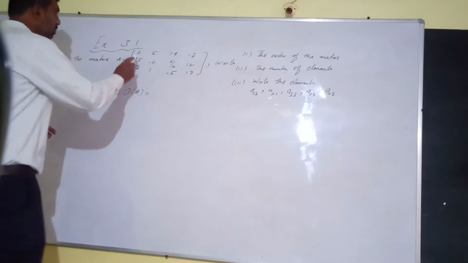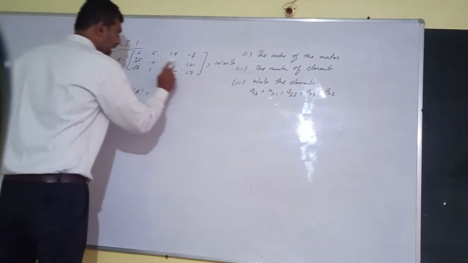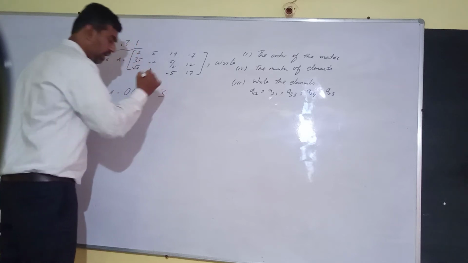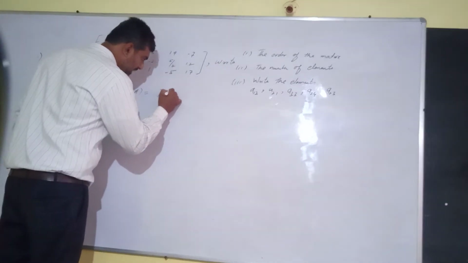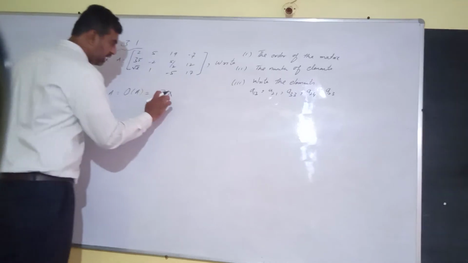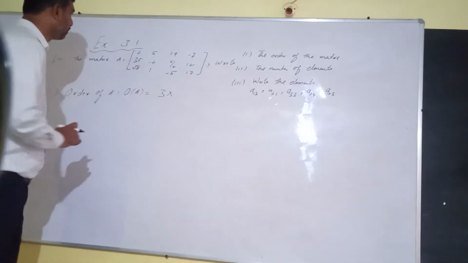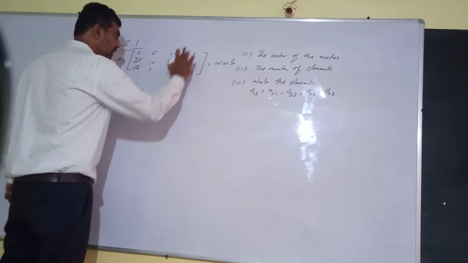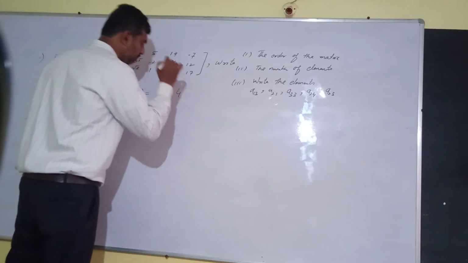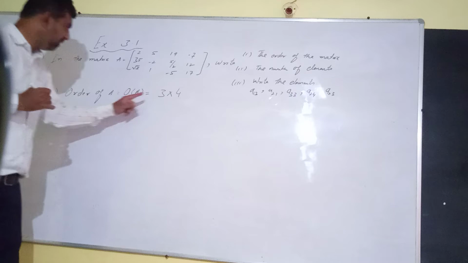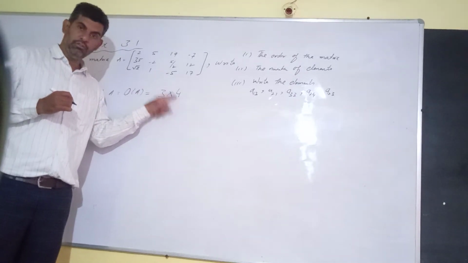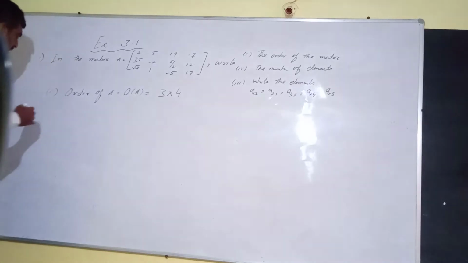Number of rows: first row, second row, third row, 3. Cross, we read this as cross. Number of columns: 1, 2, 3, 4. We can't treat this as 3 into 4; it is 3 cross 4. The order of the matrix is 3 cross 4.